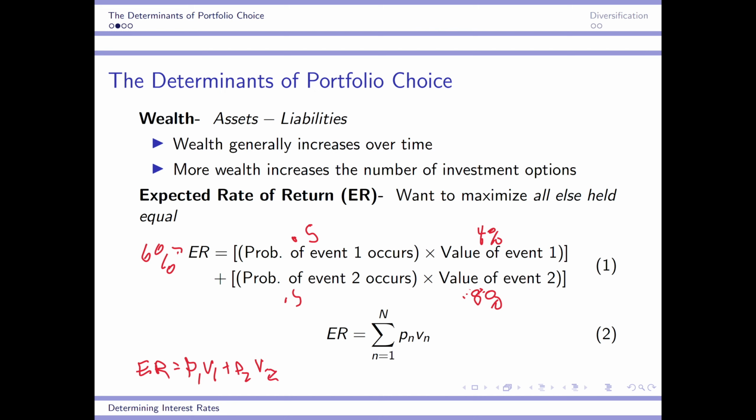But one of the benefits from the second notation, apart from the fact that it took me a tenth of the space to write it, is that it's generic enough that if there were 10 different events, we can still calculate the expected return and write it using the same formula. So that's why it's so nice to use this kind of notation.